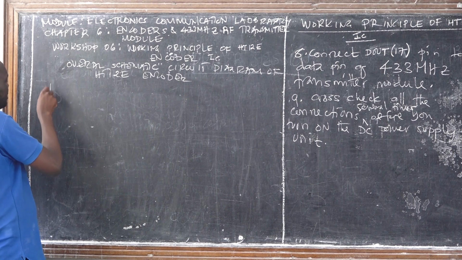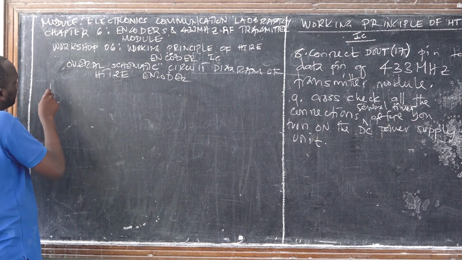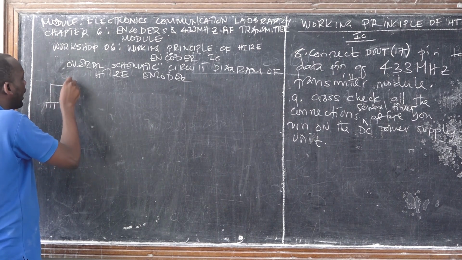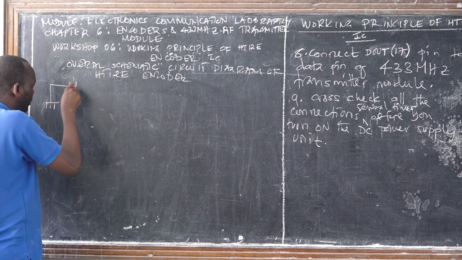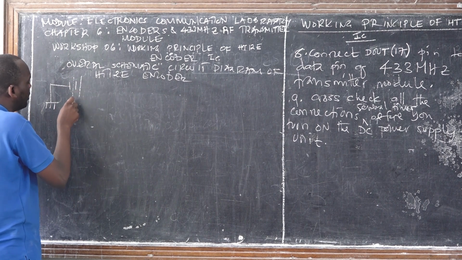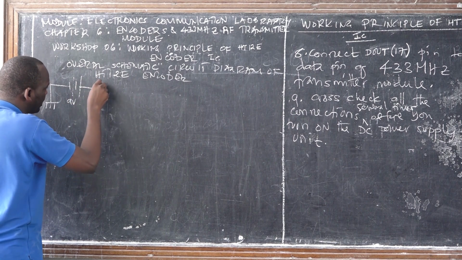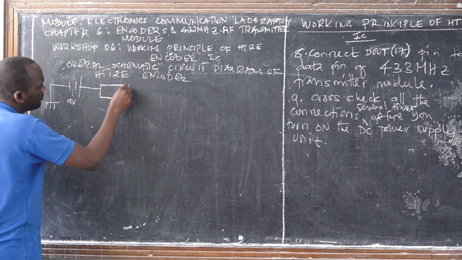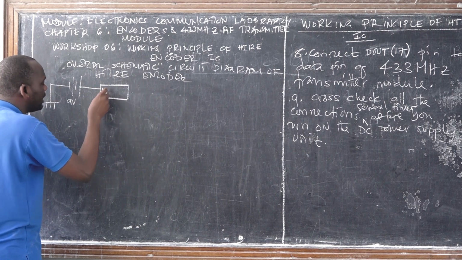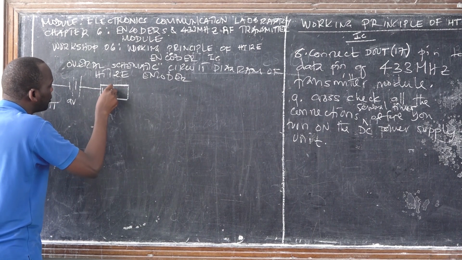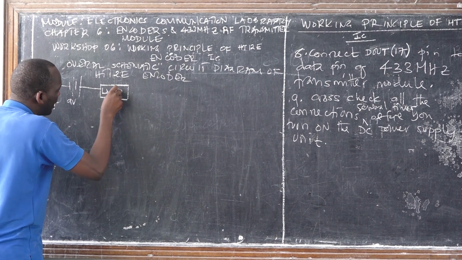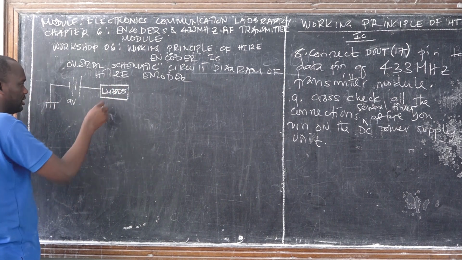So we start from the DC battery. This DC battery that we are going to use will provide 9 volts theoretically. And then we need to have a voltage regulator. The good thing is that this IC and all other peripherals need only 5 volts to operate.